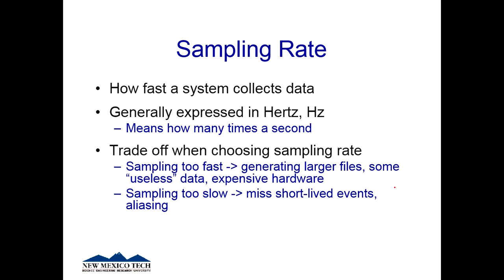But you have to pick a reasonable sampling rate. If you sample too fast, you just end up generating larger files and a lot of useless data. And of course, the more you sample, the more hardware you're going to need, and the more expensive hardware you're going to need. But if you sample too slow, you run into this thing called aliasing, which I'll talk about in a minute, and you miss short-lived events.